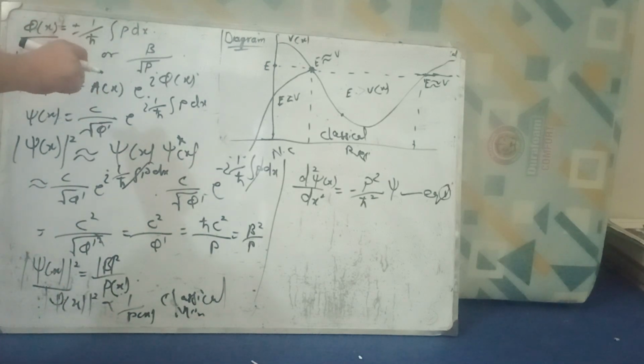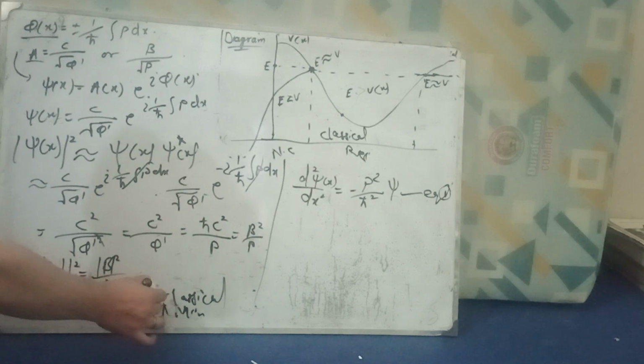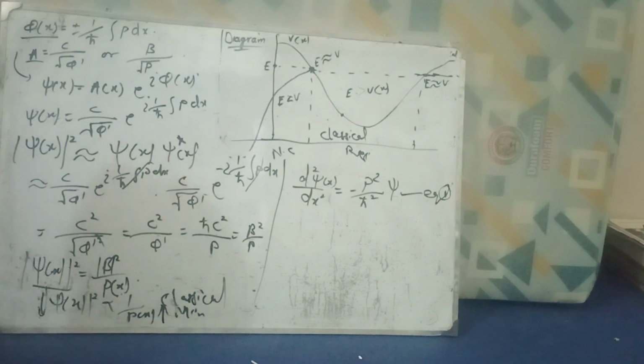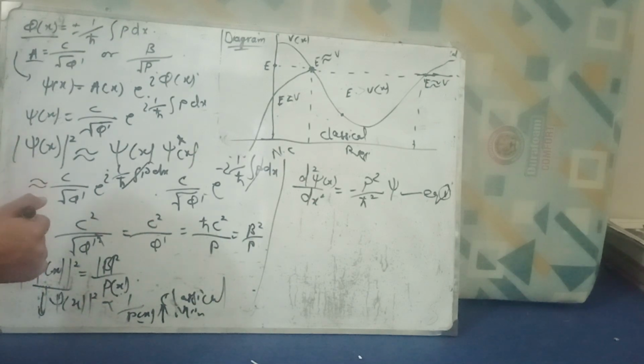So if this momentum is high, then the probability of finding the electron is less. The probability of finding the electron will be low when the classical momentum of the particle is high. If the classical momentum of the particle is low, then the probability of finding the electron will be high.